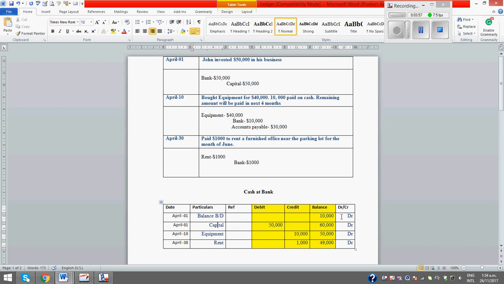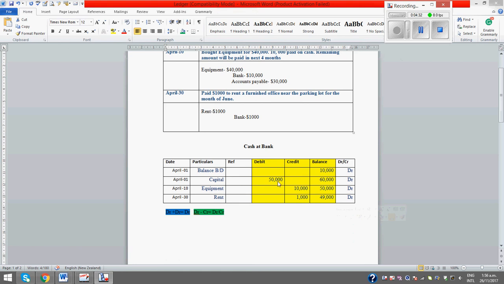Debit plus debit equals debit. So you have $10,000 debit, then $50,000 debit. $10,000 plus $50,000, you have $60,000, which equals debit. So your balance is $60,000. Right now you have $60,000 balance in your bank account, a positive balance.